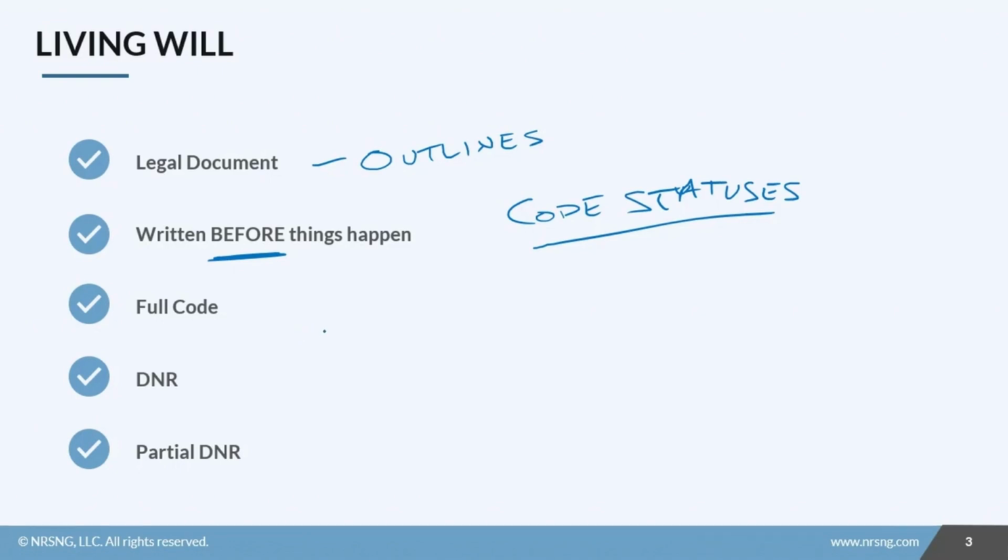So when we talk about full code statuses, what full codes mean is that they want everything. So they want to be defibrillated. They want life-saving drugs. They want intubation. It also means that they want compressions.